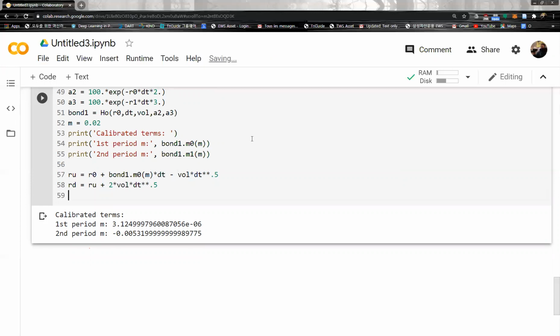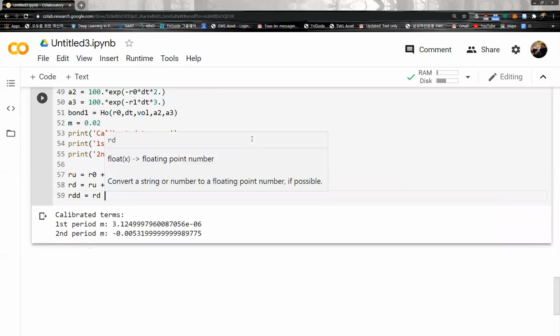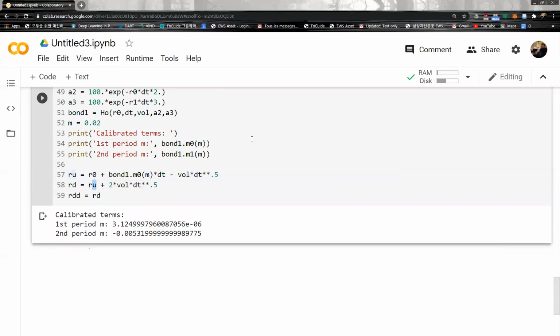And then RDD equals RD. Oh, sorry, here it should be R0. RT, again minus, first plus bond 1. Now M1, M multiplied by dt, and then going down again. So this one.